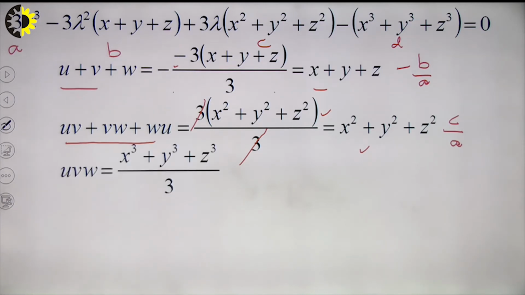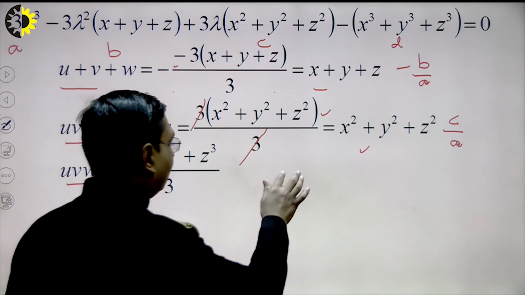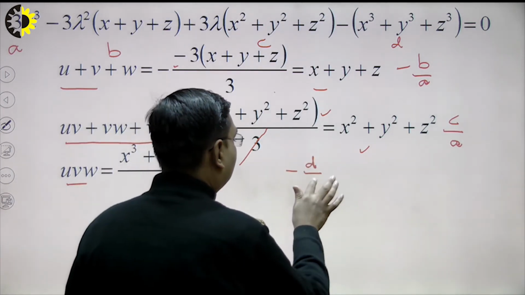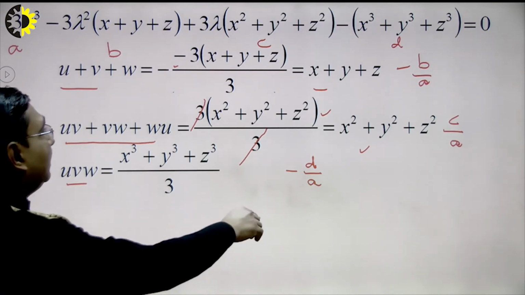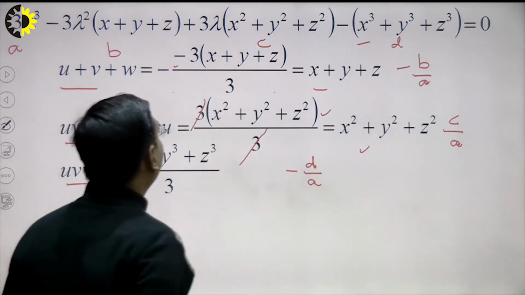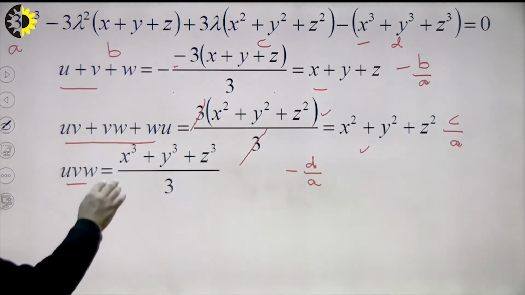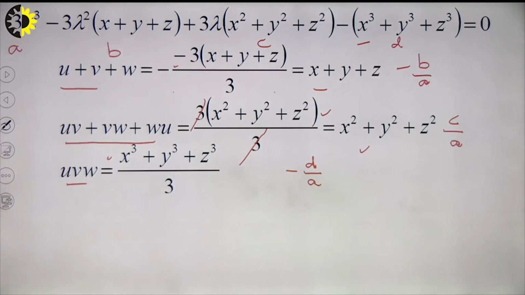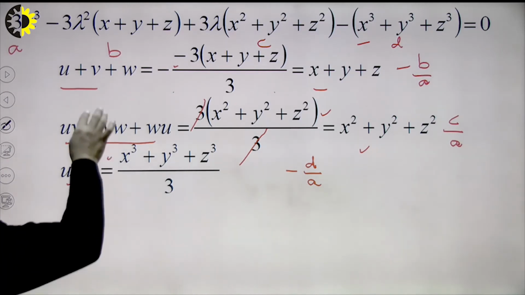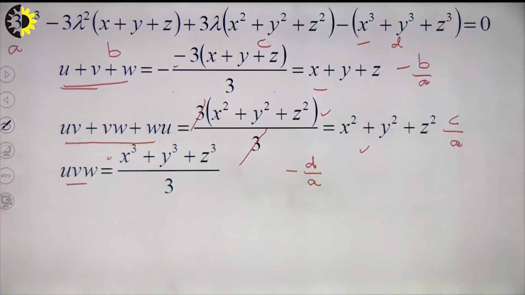The third term uvw is nothing but minus d by a. D is this term, a is 3, so it will be x cube plus y cube plus z cube by 3. Thus, I obtain implicit relations involving x, y, z and u, v, w.